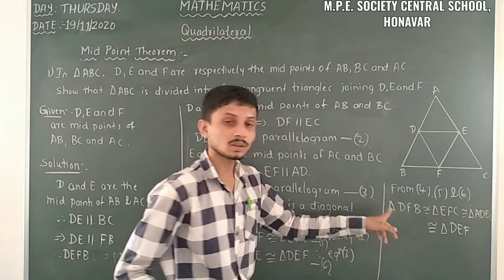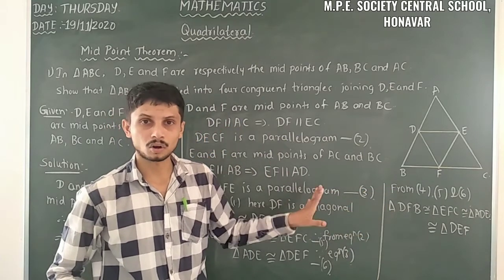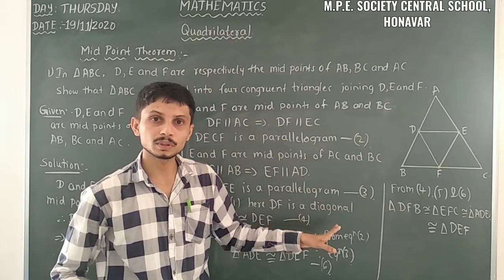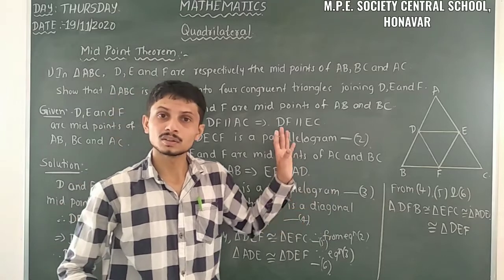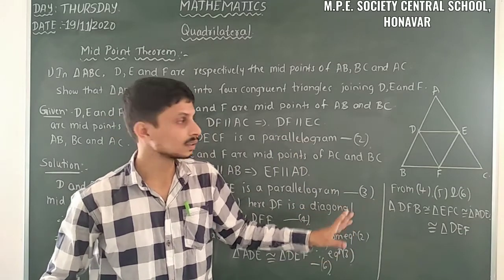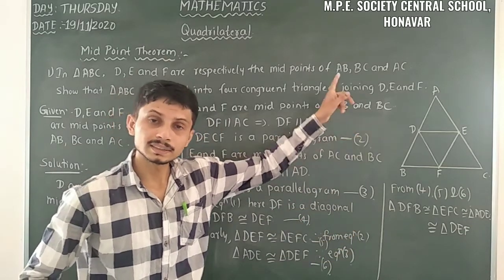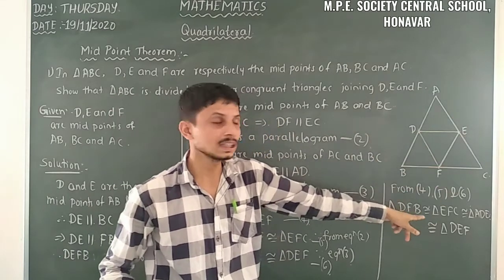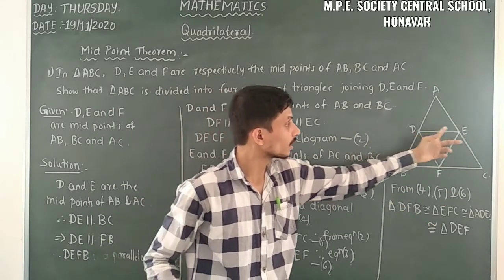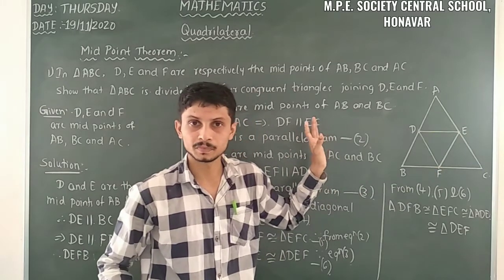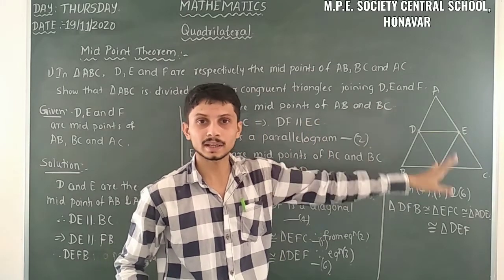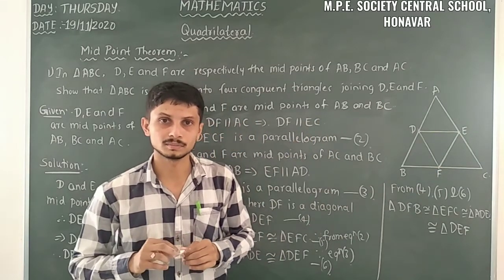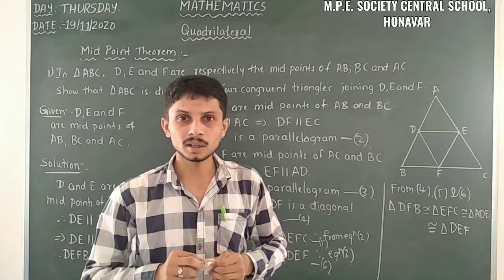So that means all the four triangles are congruent. So here we proved that all the four triangles formed inside triangle ABC because of joining DEF are congruent. So let us move on to the next problem.